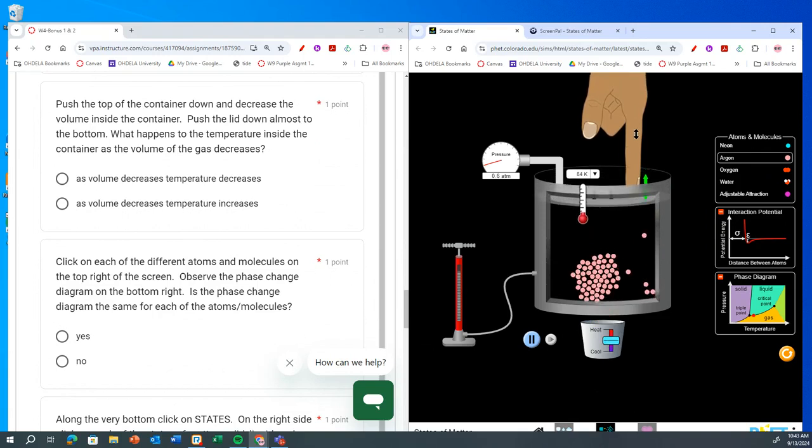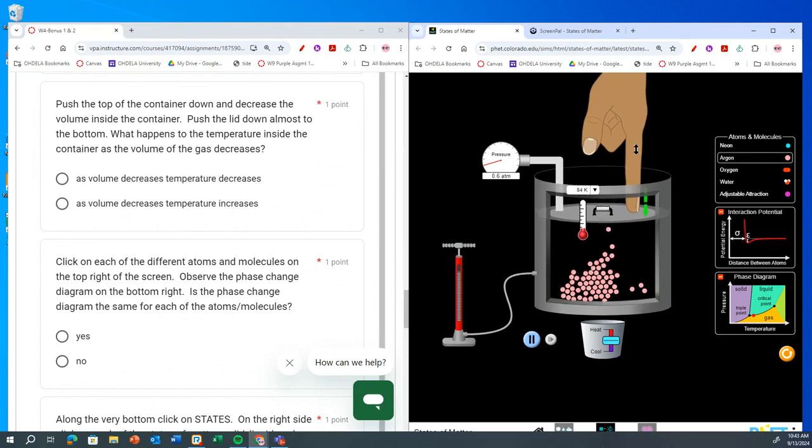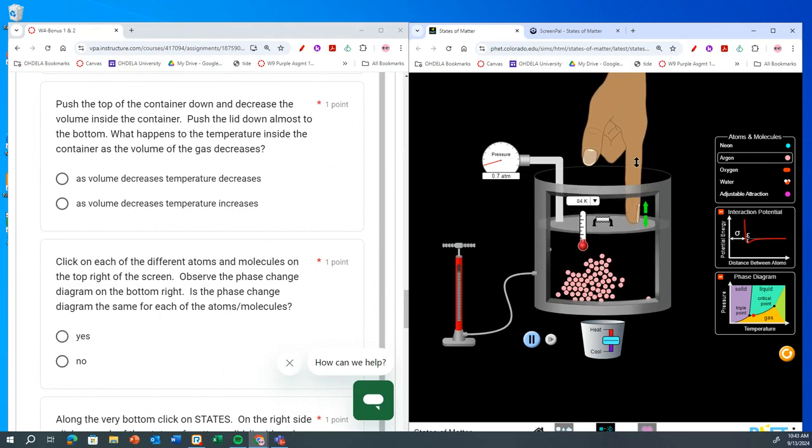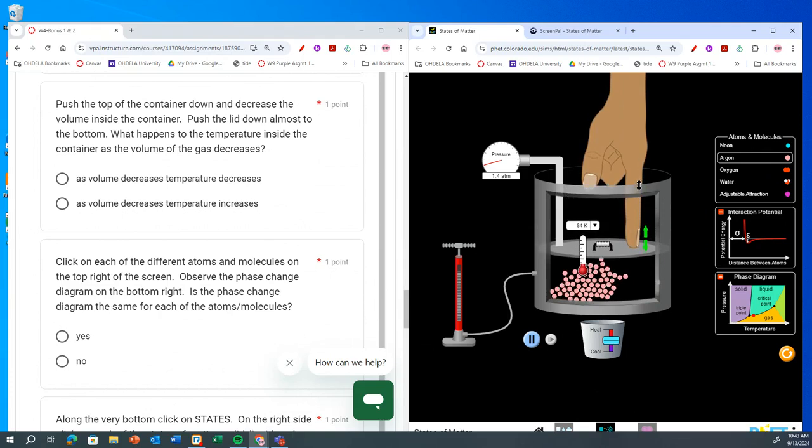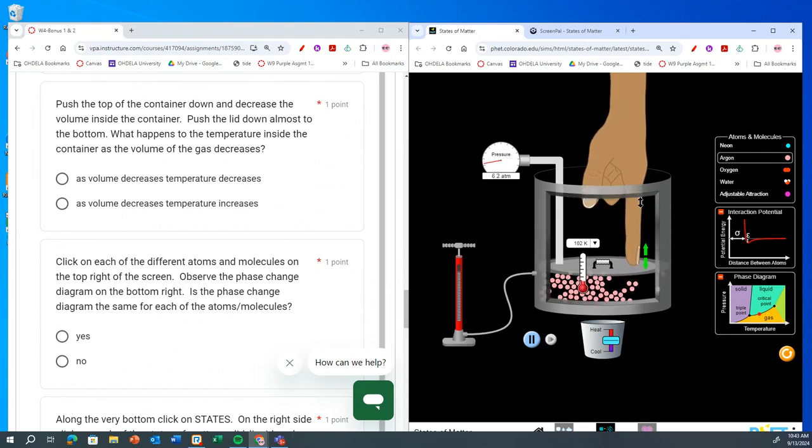And as we push down the lid, what happens to the temperature? See, we're at 84. We're pushing down. 93, 102, 215. As the volume decreases, the temperature does what? Does it decrease or increase?